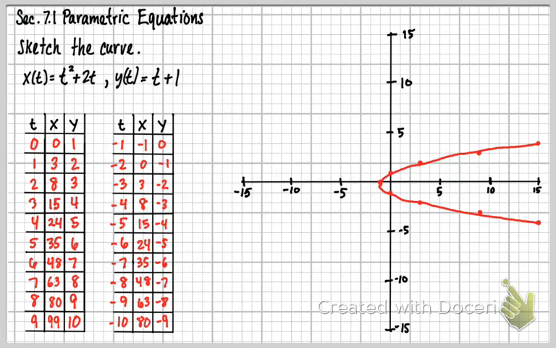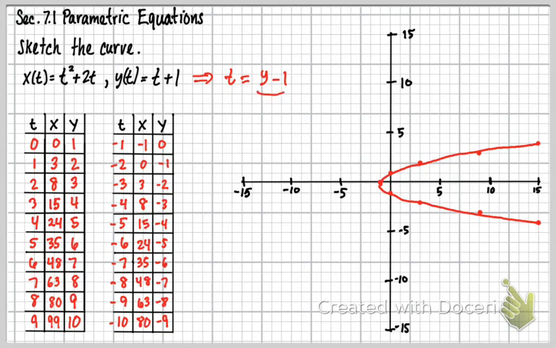So what I'm going to do is take this second equation here and solve it for t. So I'm just going to call that y instead of y of t. So if I subtract 1 from both sides, I actually get t equals y minus 1.